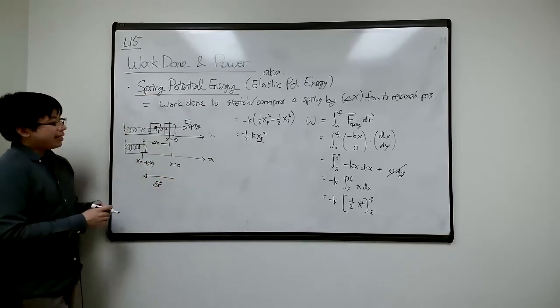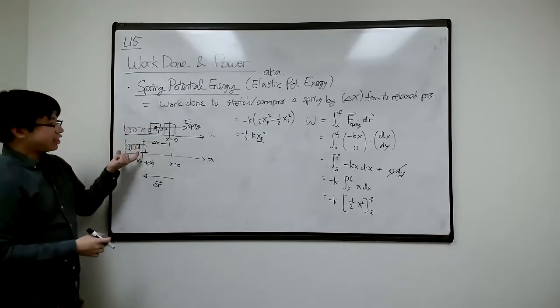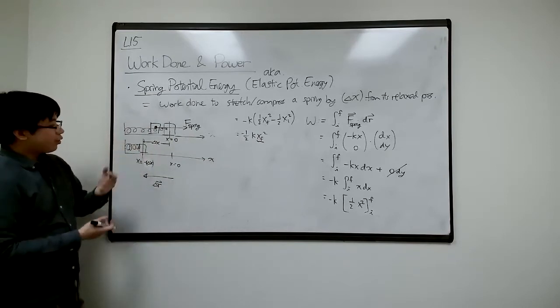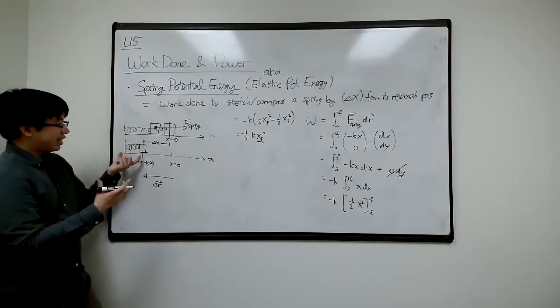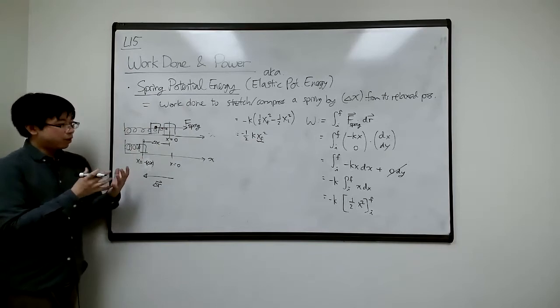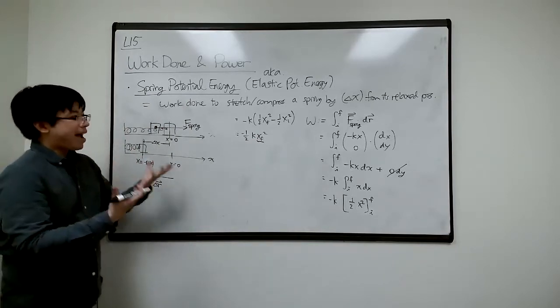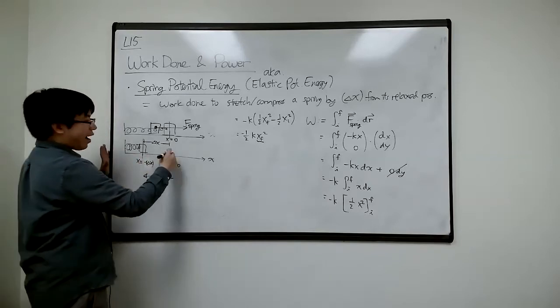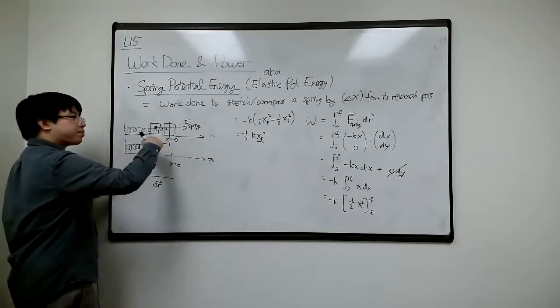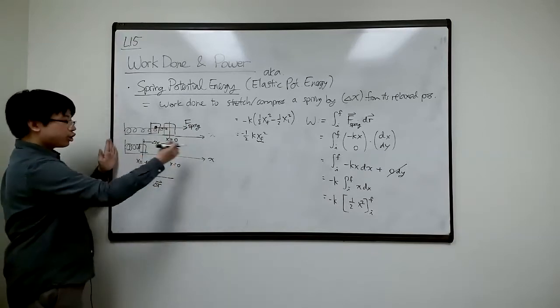Either way, you'll see you will get a minus sign by the work done by the spring. Okay, so if the work done by the spring is negative, how much energy is stored over there? Let's think in terms of the magnitude. How much energy do I need to provide to squeeze it?